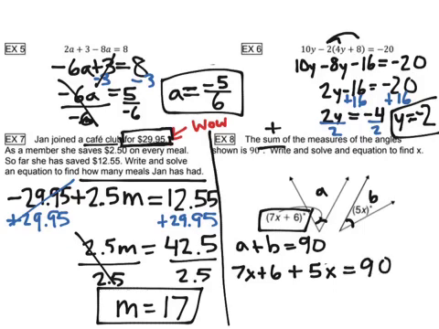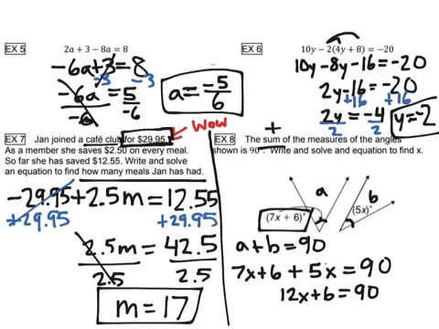So we're just adding the two angles together to make this, basically, make a 90-degree angle. So we don't need to distribute, we can combine like terms. 7x plus 5x is 12x, plus 6 equals 90.